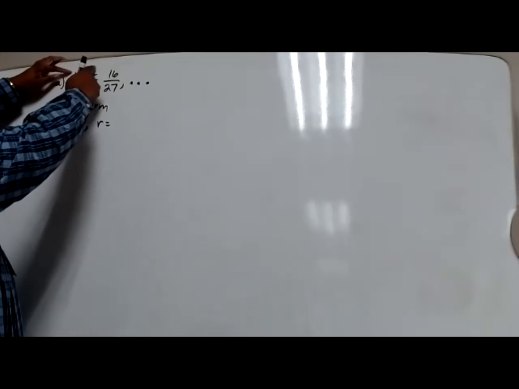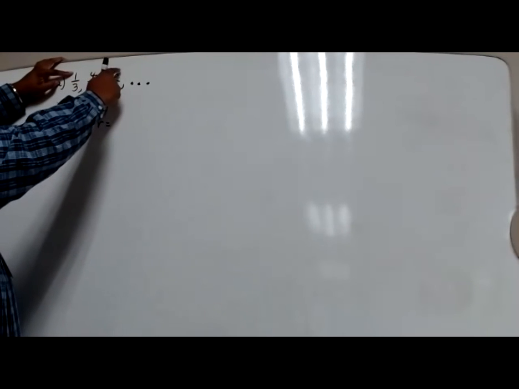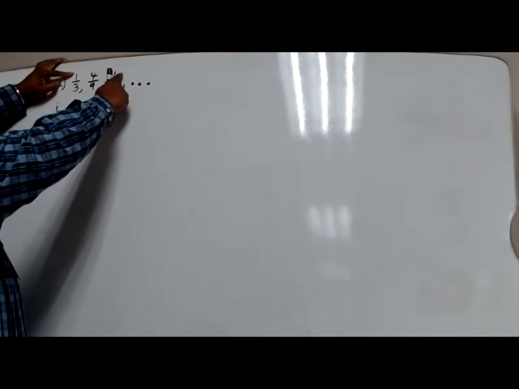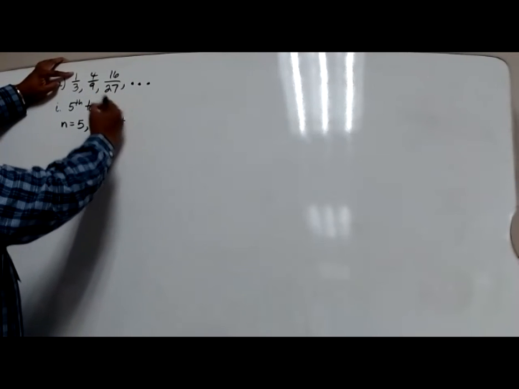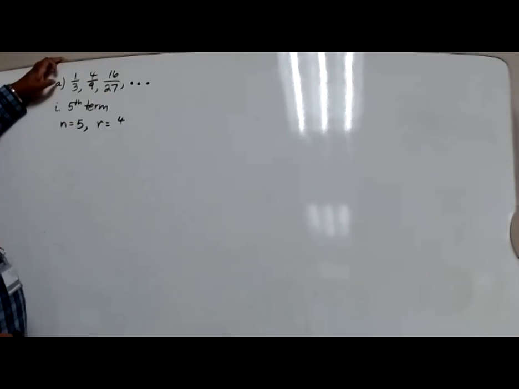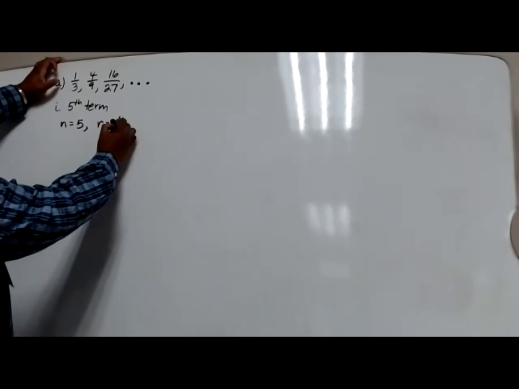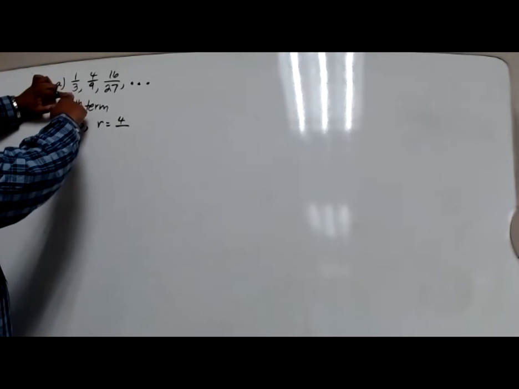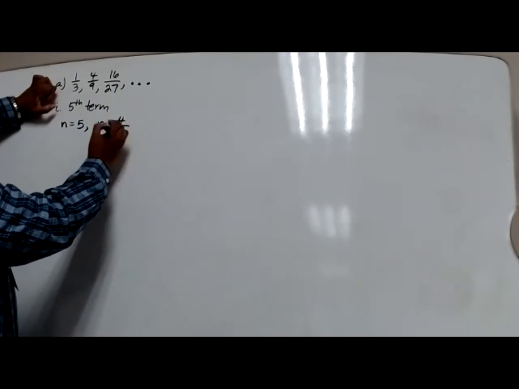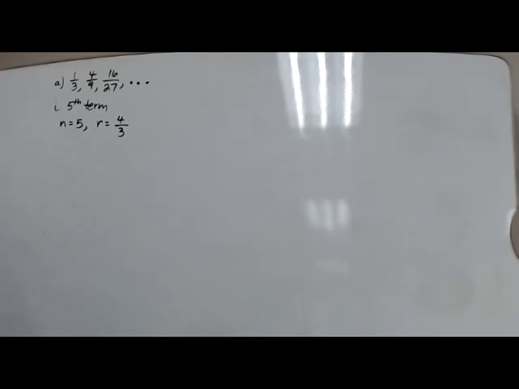By 4, because 1 times 4 gives you 4, and 4 times 4 gives you 16. Everyone see that? Now for our denominator, from 3 to 9 to 27, we're multiplying by 3. So the common ratio has to be 4/3.